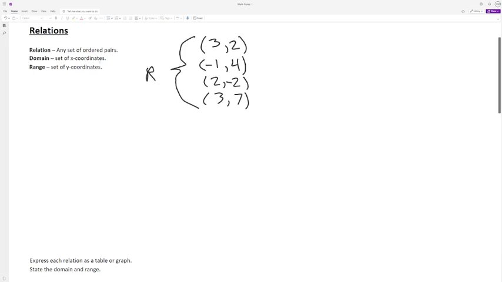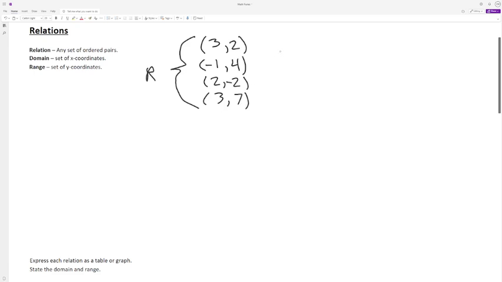The domain is the set of x coordinates. So the x coordinates here are 3, -1, 2, and 3. These are the domain values. These are the x coordinates. And the range are the y coordinates. The 2, 4, -2, and 7. These are the y values, and those make up the range.